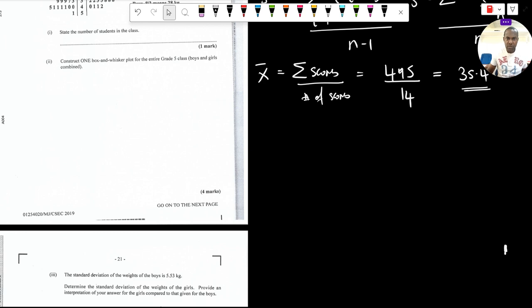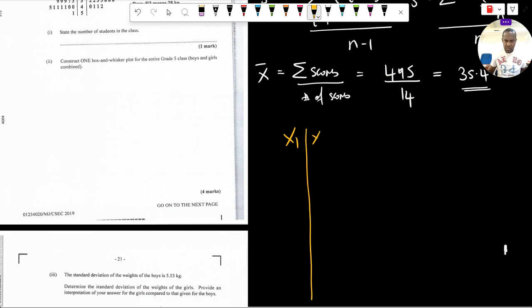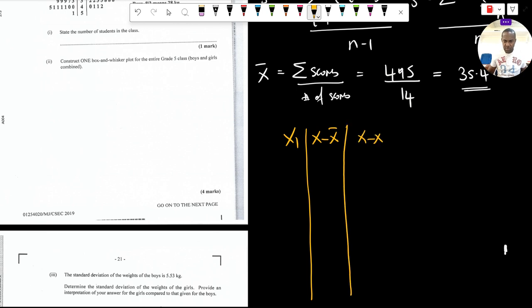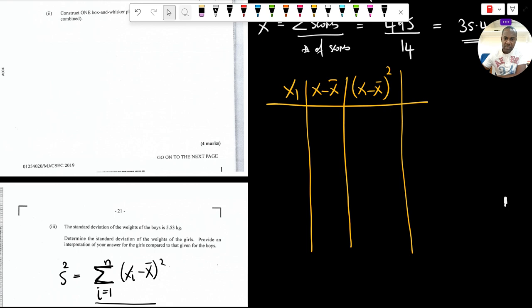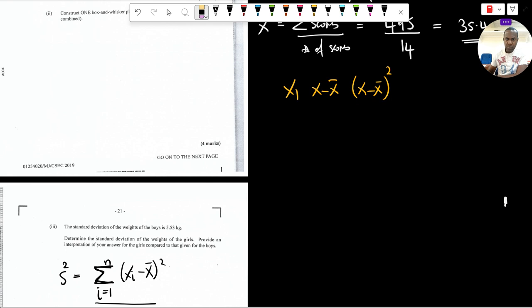Let's see what's going to be in our table. We need to have x. Then, of course, we need to have x minus x bar. Then we need to have x minus x bar squared. And next, of course, we need the sum of all of that, right? And we have about 14 sets of data, so let's go ahead and make our lines a little bit better.